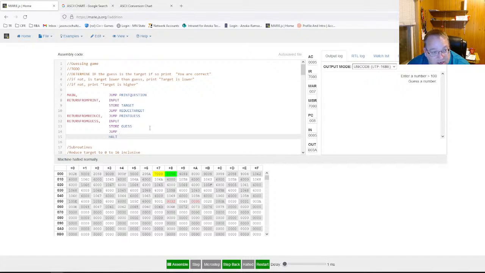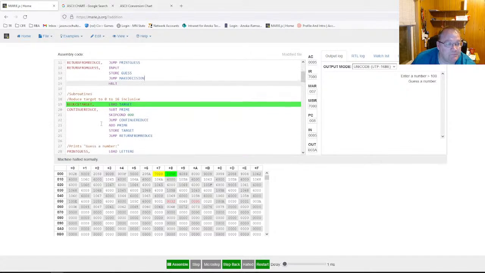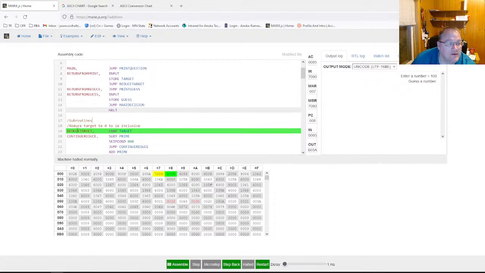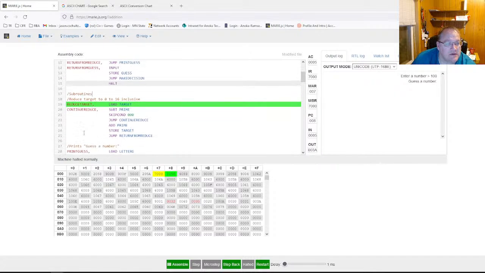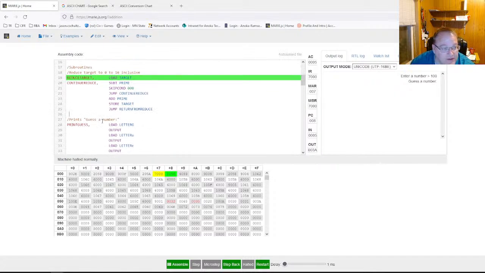So it's some kind of a decision. So I'm going to make decision. It's all perfectly fine. And so this is a reduced target. Let's go ahead and stick it here after the reduced target and call it make decision.